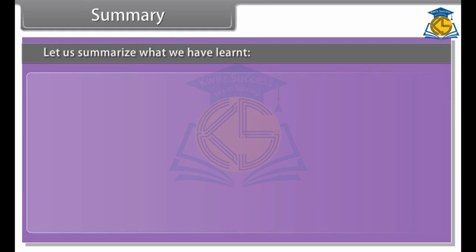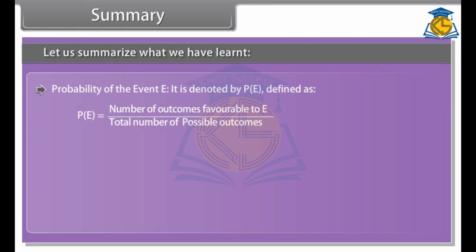Summary. Let us summarize what we have learned. Probability of the event E is denoted by P(E), defined as P(E) equals number of outcomes favorable to E by total number of possible outcomes.